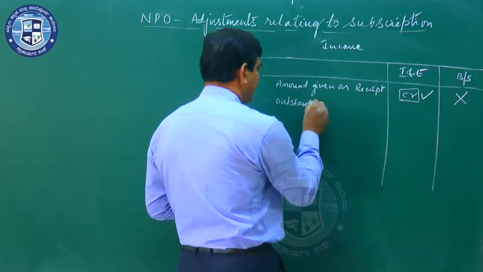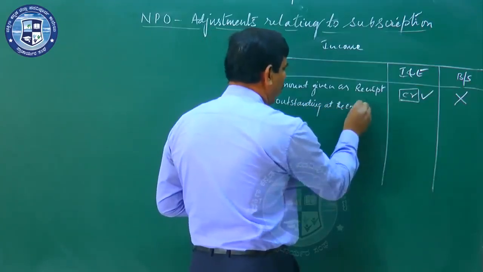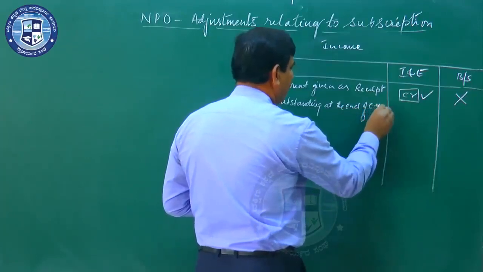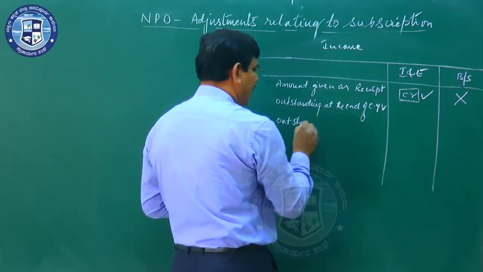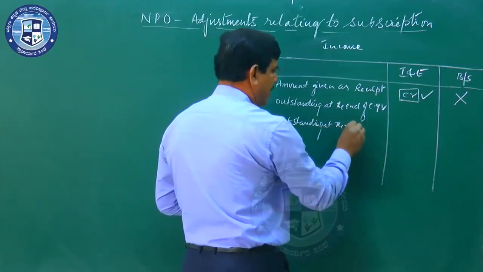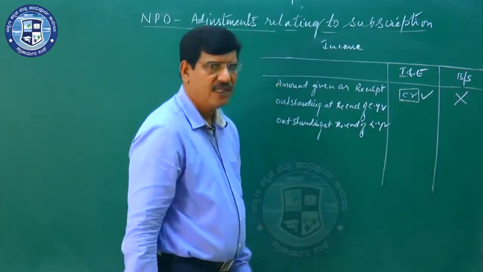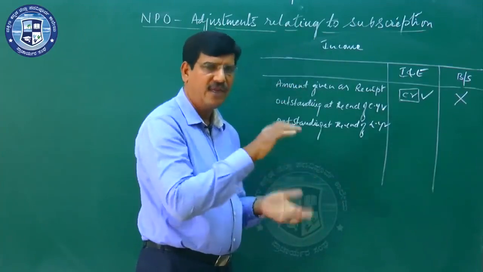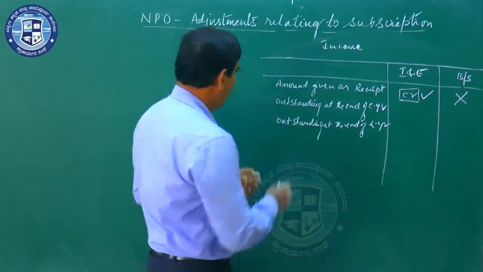The normal adjustment is outstanding subscription at the end of current year and outstanding subscription at the end of last year. So regarding outstanding, there will be outstanding of current year and there will be outstanding of previous year or last year.